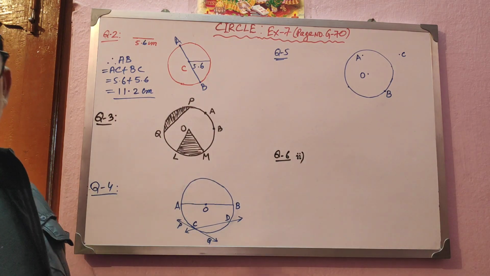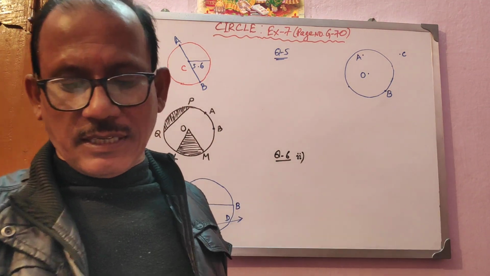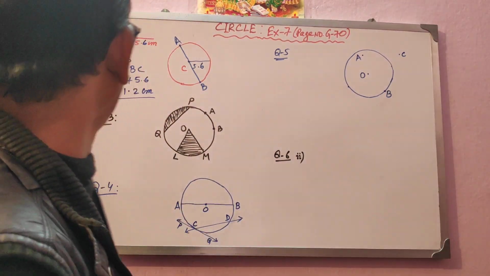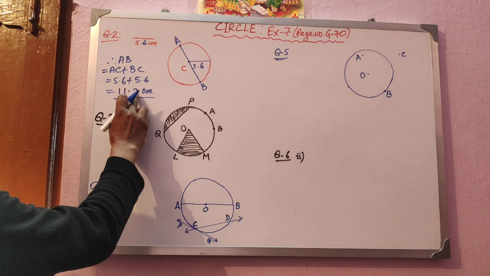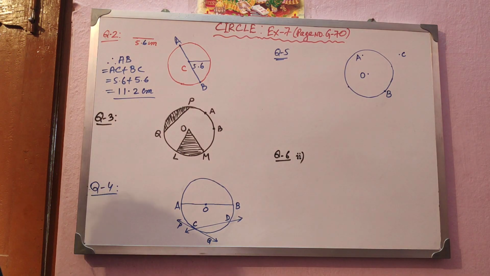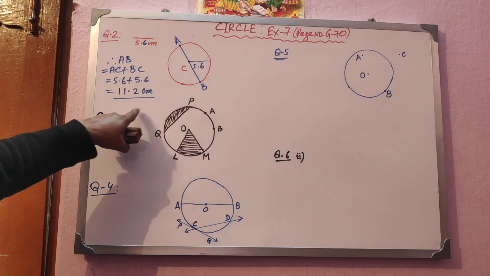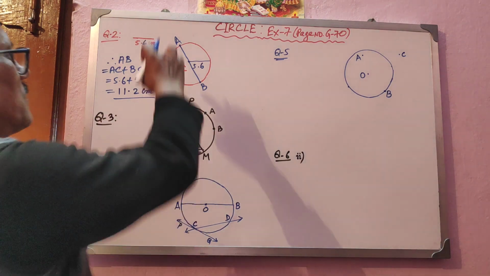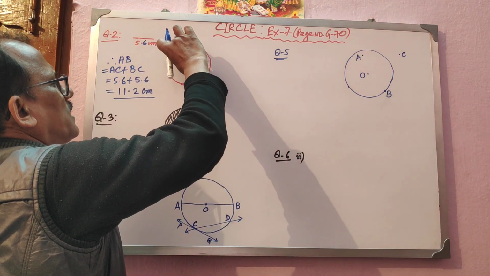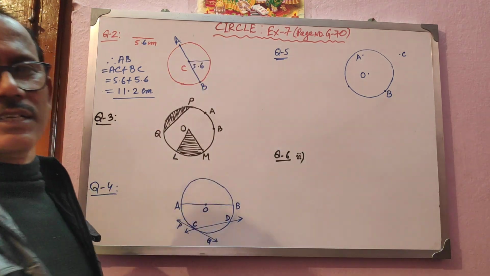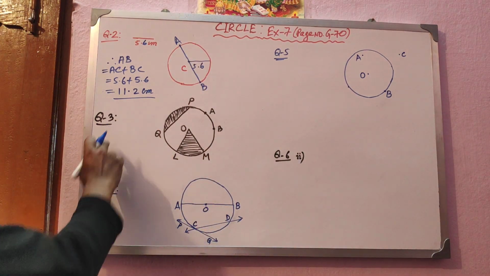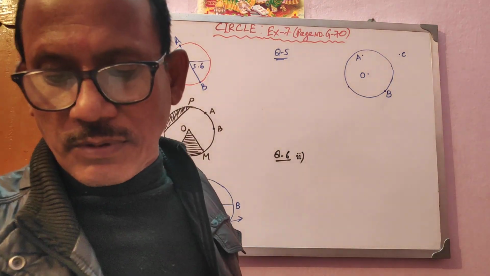Can you tell me what AB is? AB is the diameter, double the radius. So 11.2 centimeter will be the answer, after one decimal place I put a point. Could you understand? AB is the diameter. AC is the radius, BC also is the radius.